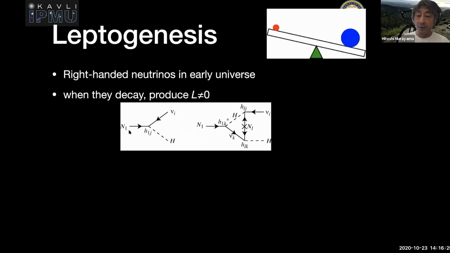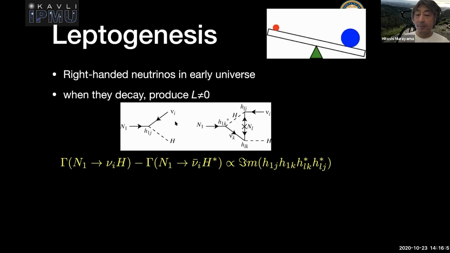This N particle is a Majorana fermion, so it's an antiparticle of its own. So it can decay into ordinary neutrinos, but also into antineutrinos simultaneously. At the level of the lowest order perturbation theory, you would predict that this particle would decay into ordinary neutrinos and antineutrinos with a 50-50 probability.